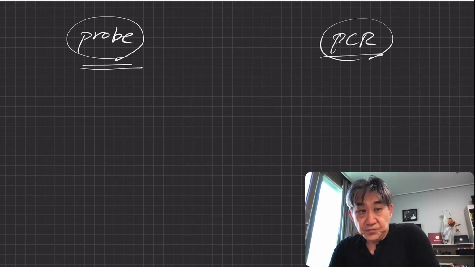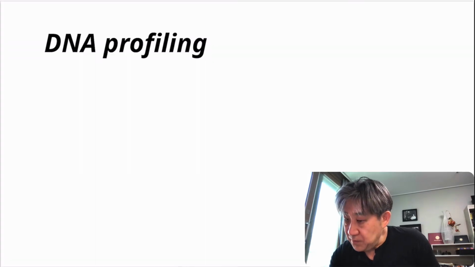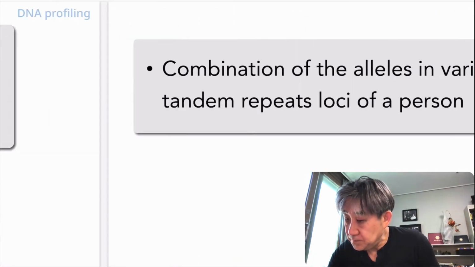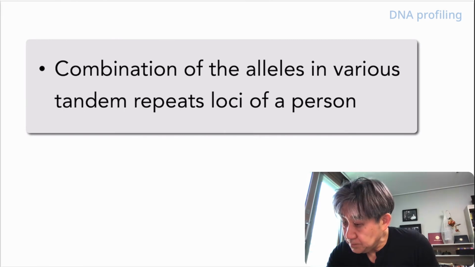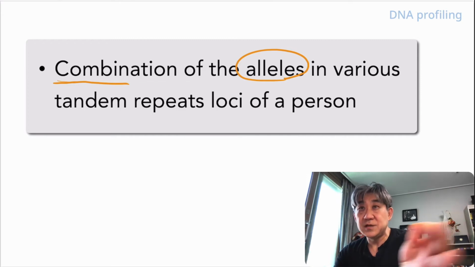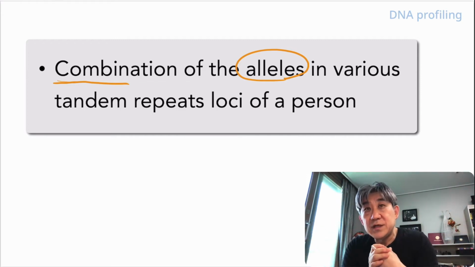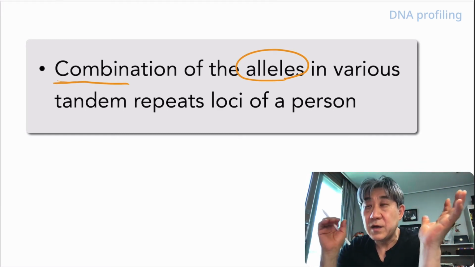So, this so-called combination of alleles. We have already looked at what alleles are. Alleles means different versions of a certain DNA sequence in your area, the locus.